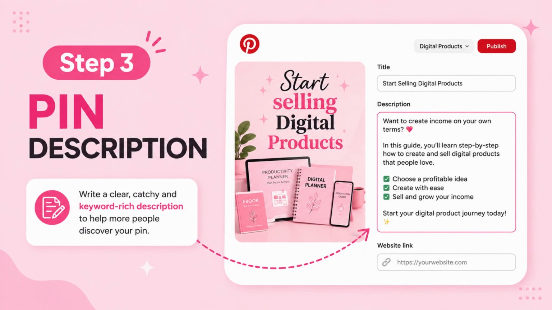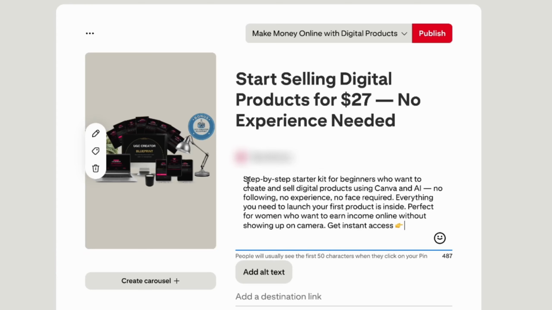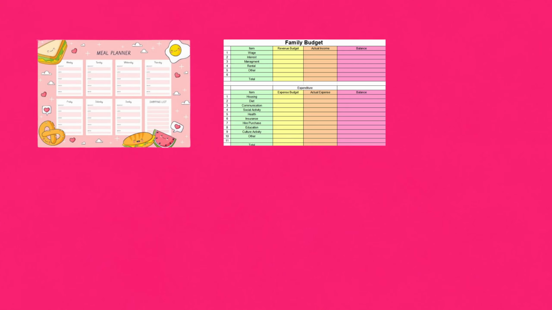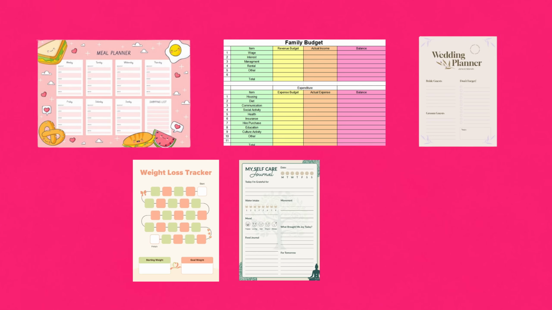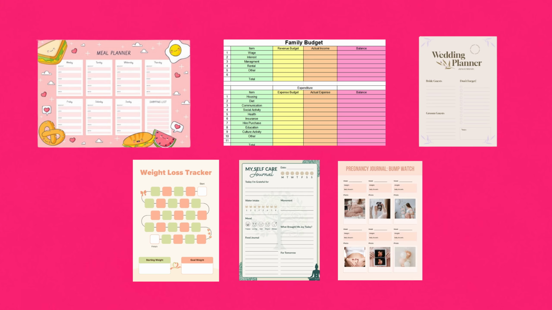Step 3 is your pin description. Write 2 to 3 sentences using keywords your audience would actually search for. Things like weekly meal prep planner, family budgeting planner, wedding planner, weight loss tracker, self-care journal, or pregnancy planner.